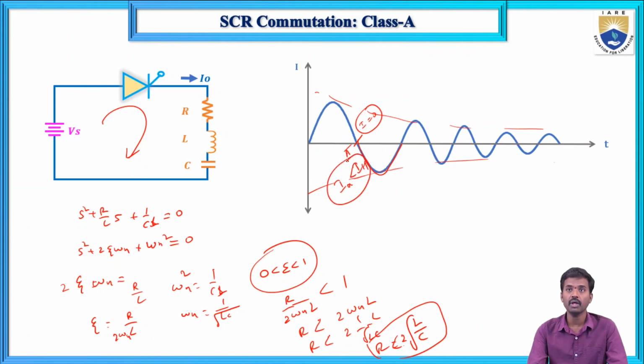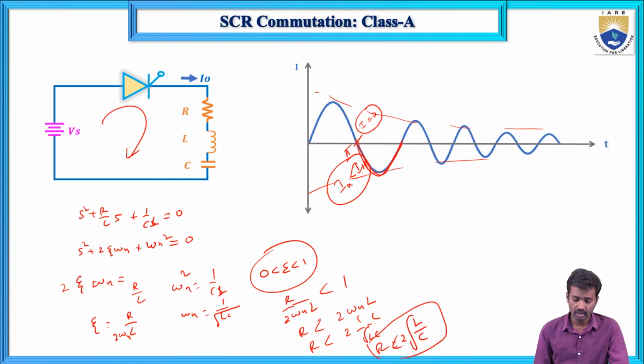So we can turn off the thyristor by giving reverse potential to this SCR, or when the anode current is below the holding current, then the thyristor is turned off. In this way, the thyristor is turned off in the SCR class A commutation.